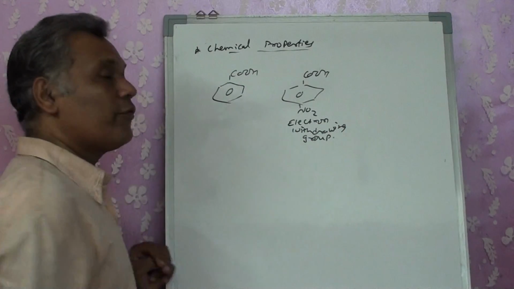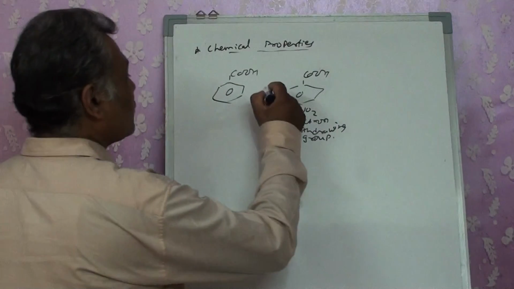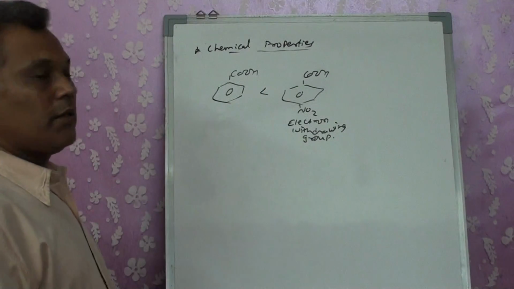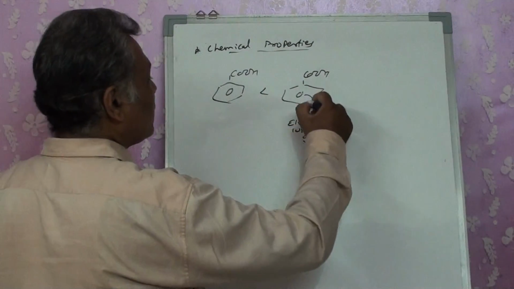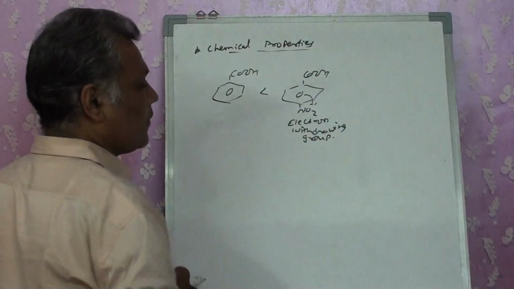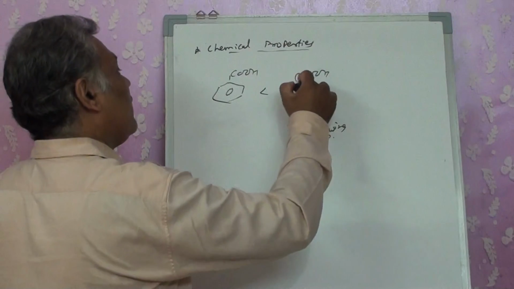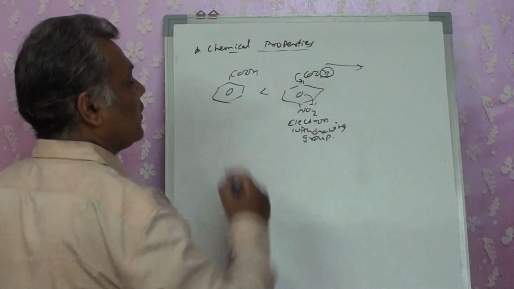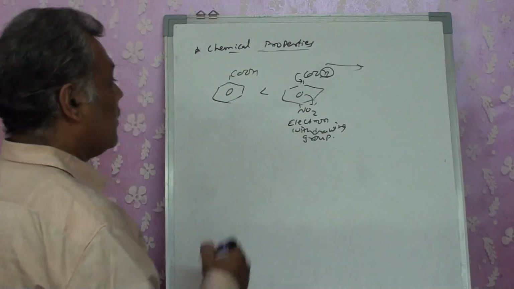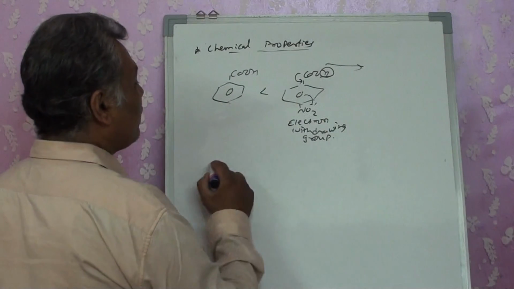Because of the electron withdrawing group, its acidic nature is going to increase because this electron pair is going to be taken away by it. So what will happen? This one will donate very easily and H plus is given out. Right? So we get it as an electron withdrawing group.